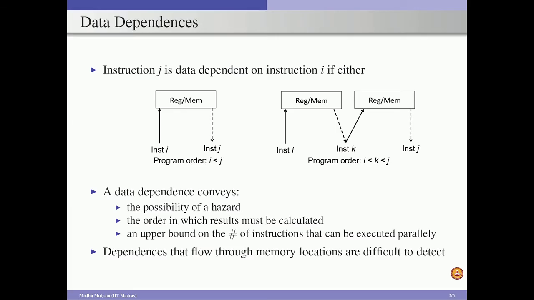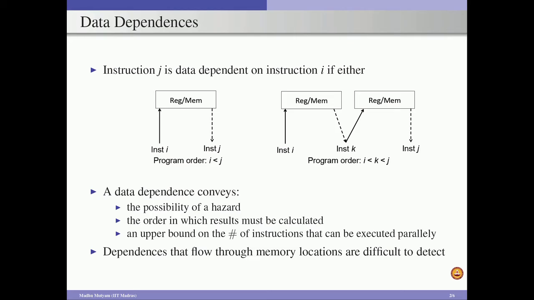In other words, true dependence can happen because there is a read and write operation on a register or on a memory location. If the true dependence happens because of register reads and writes, we can easily identify that dependence, because the number of registers in our ISA is limited. As a result, we can easily name each of these registers, so it is easy to identify the data dependence between instructions if they use the same registers for read and write operations.